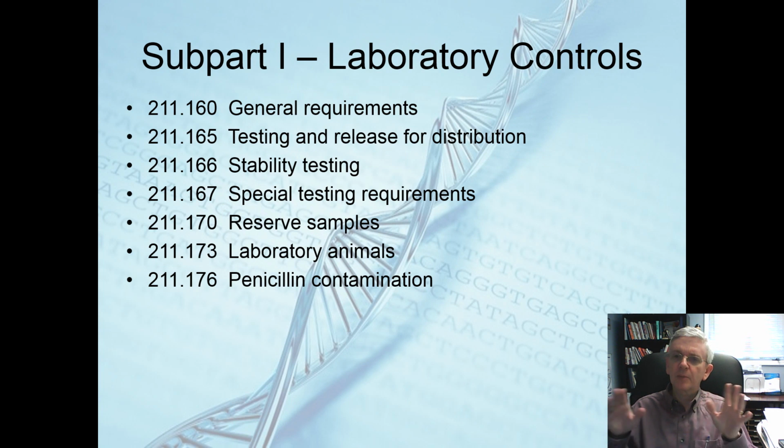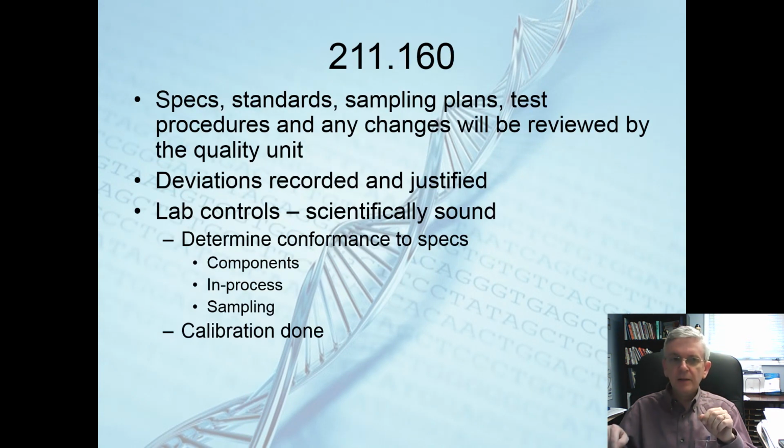Subpart I talks about lab controls, and this goes into specifications, standards, sampling plans, test procedures, whatever it is that you have in a laboratory setting, and the changes to those types of items are reviewed by the quality unit. Deviations are recorded and justified. Lab controls are scientifically sound.